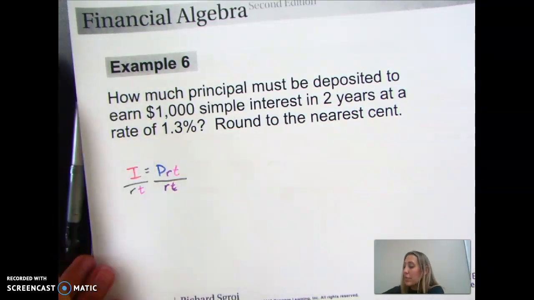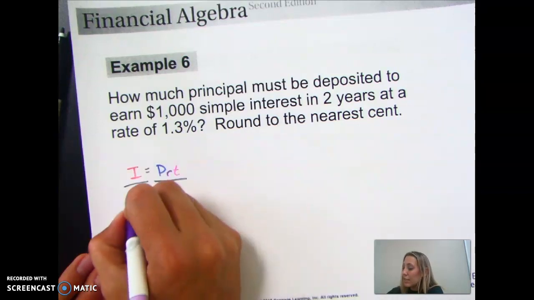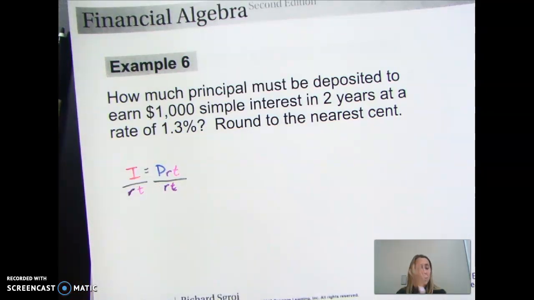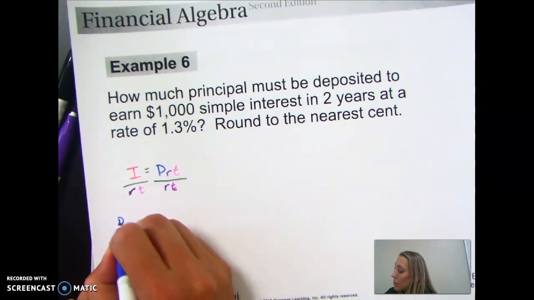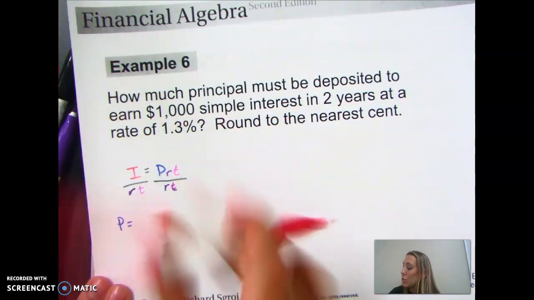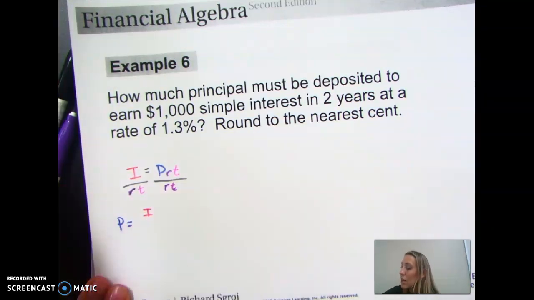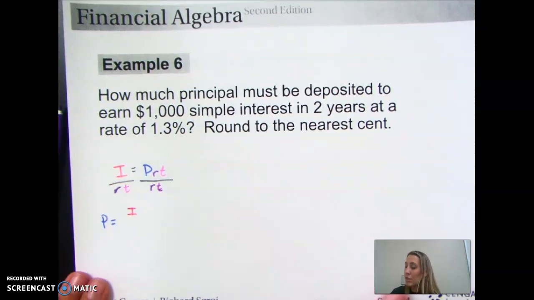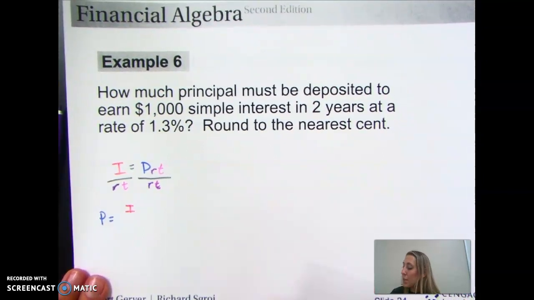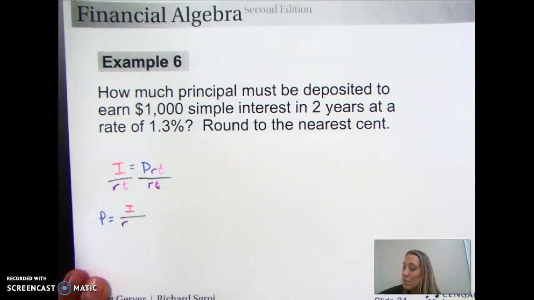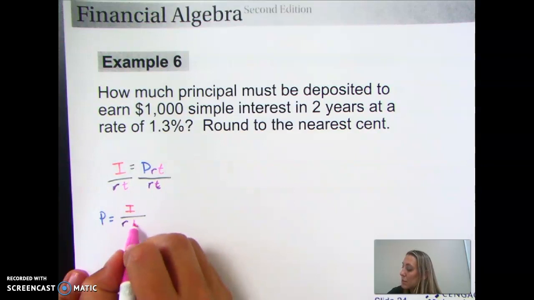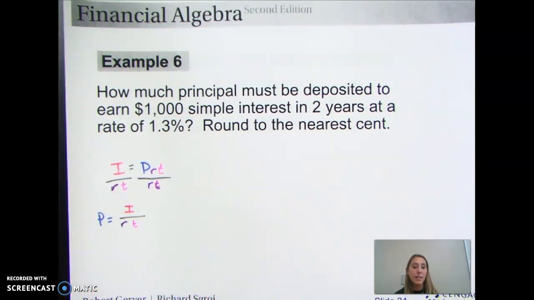Now I can rewrite this as P, my principal, is equal to my interest over my rate times my time.